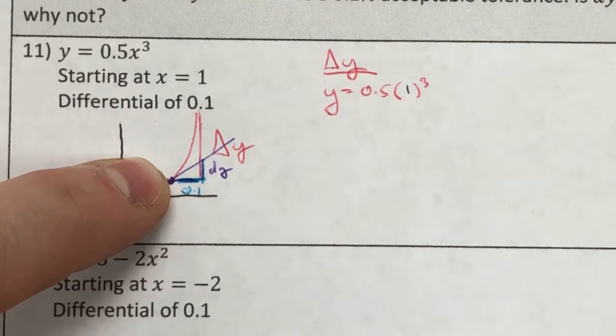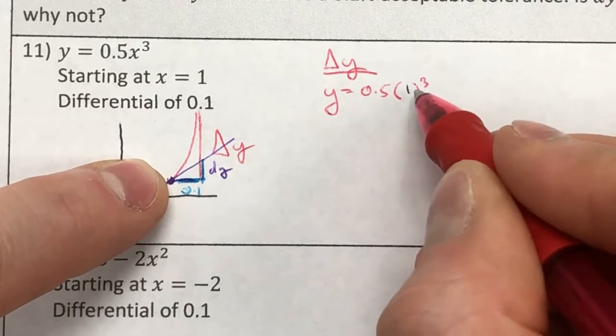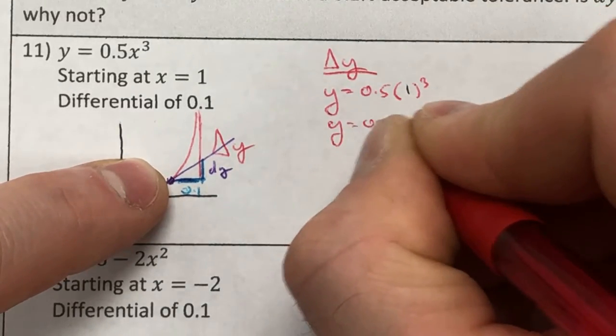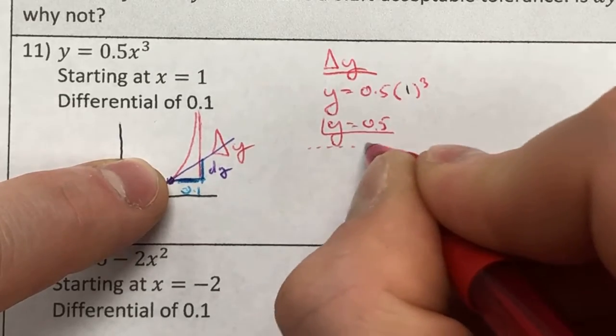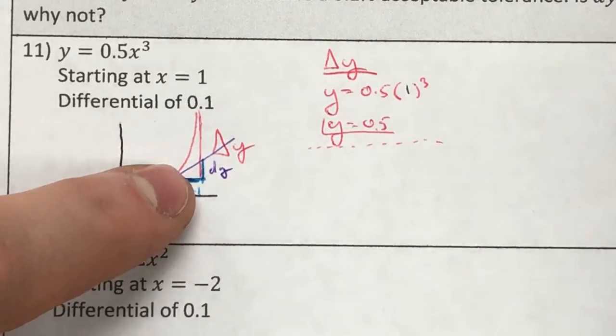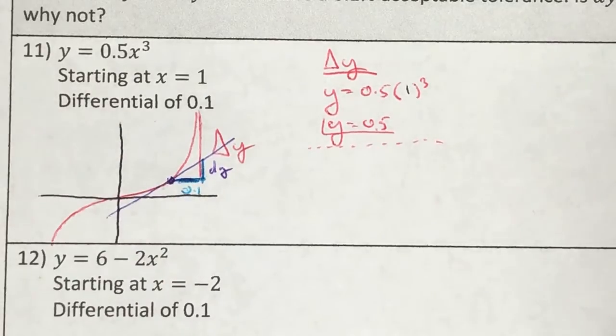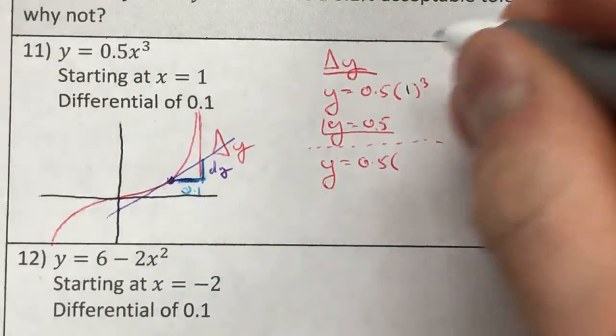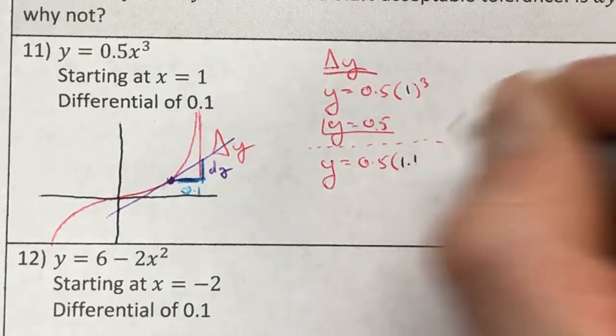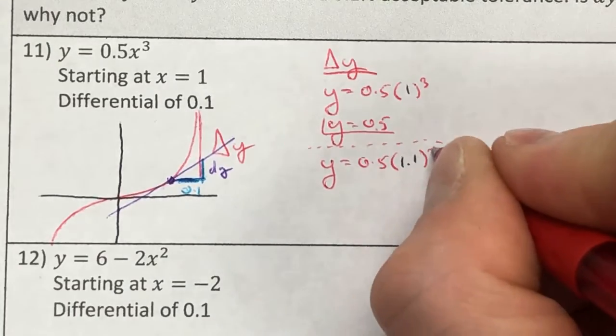Cubed. And so I get, let's see, 1 cubed is just 1, so y is equal to 0.5. Then I've got to figure out what my height is 0.1 over. So I'm going to do it again and say 0.5 times not 1, but 1.1 cubed.